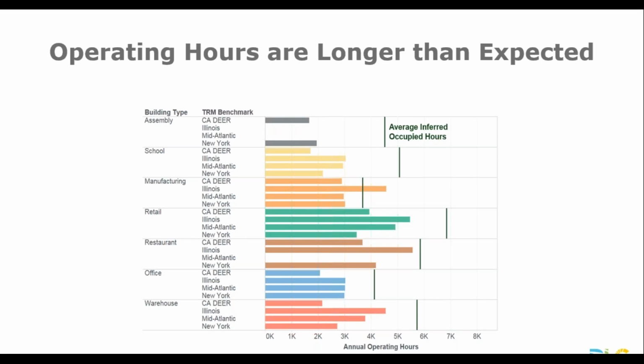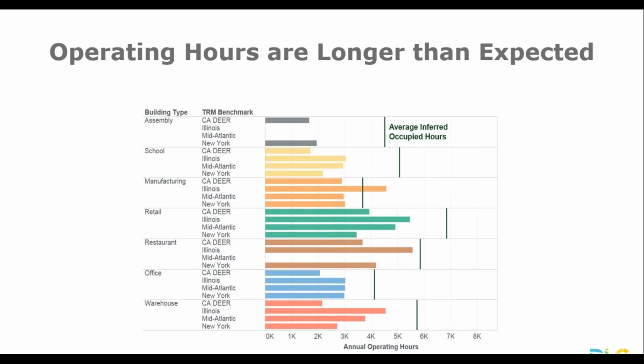And you can see across the 4 regulatory environments that we surveyed, the operating hours that we observed in our buildings, where we define operating hours as when a building is occupied or exceeds that 10% threshold, were significantly higher than what was a deemed value here.